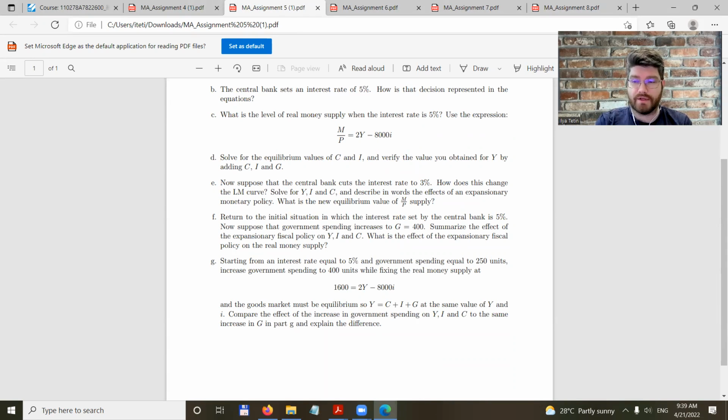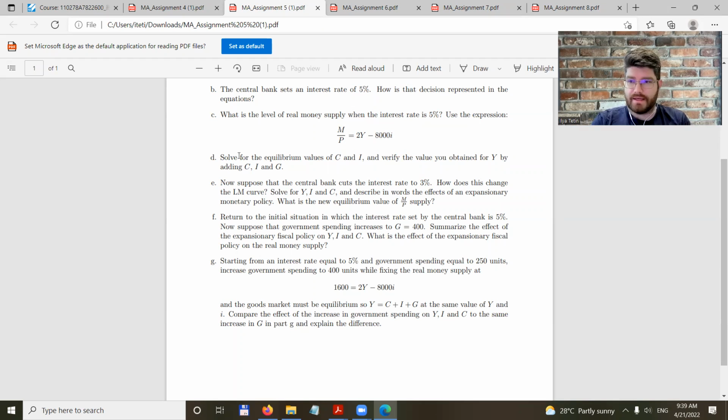So real money demand expression is given over here, M over P. Y is 1000, so this will be 2000 minus 0.05 times 8000, so everything on the right-hand side is 1600.